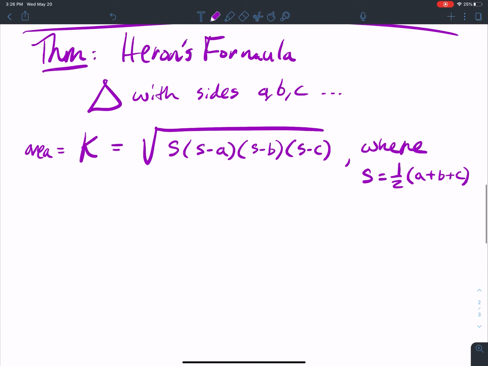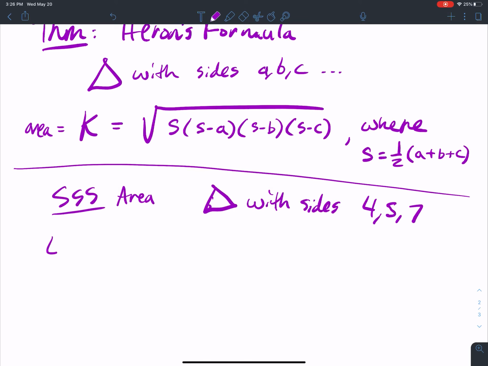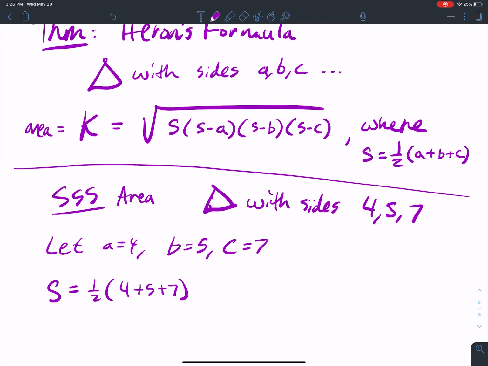So if you're given the sides and you want the area of the triangle, say you're given a triangle with sides 4, 5, and 7, then I'm going to let A equal 4, B equal 5, and C equal 7. Then S is equal to 1/2 of 4 plus 5 plus 7. So S is equal to 9 and 7 is 16 divided by 2, that's 8.